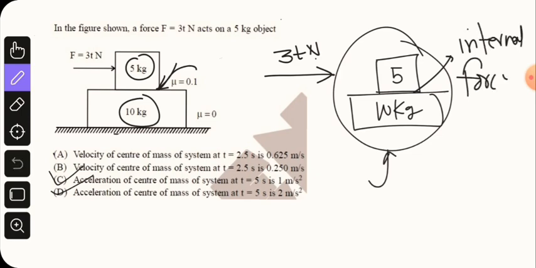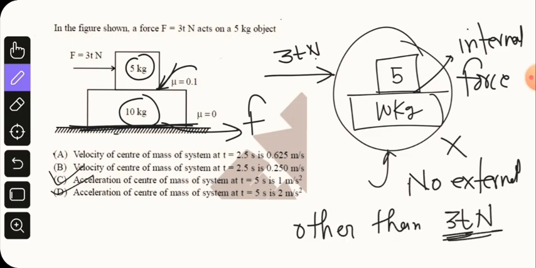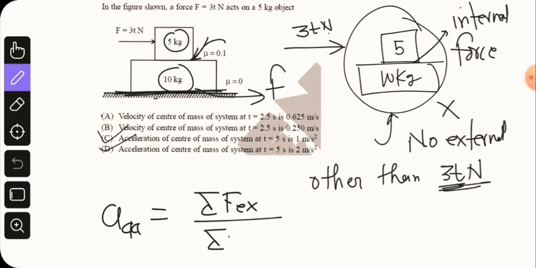Also, the bottom block and the surface are frictionless, so there is no external force other than 3t Newton, right? So in this manner you can easily find the acceleration of the center of mass without doing much calculation. It will be the total external force divided by the total mass of the system.